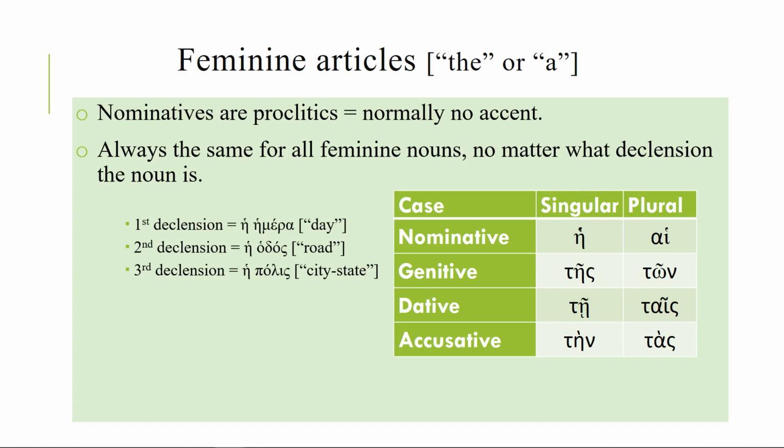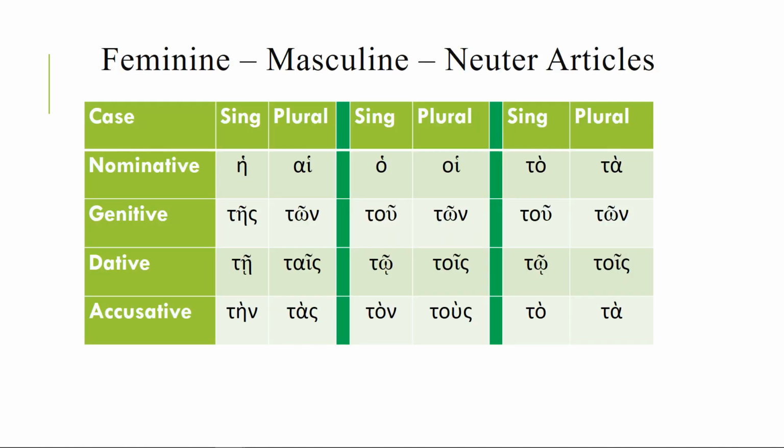Now, if you look at all of the articles, and again, this should be your mantra, you see certain similarities. So in the feminine: hē, tēs, tē, tēn, hai, tōn, tais, tas. In the masculine: ho, tou, tō, ton, hoi, tōn, tois, tous. And in the neuter: to, tou, tō, to, ta, tōn, tois, ta.